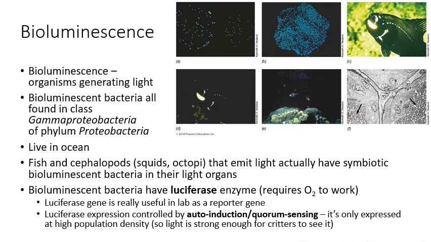In order for a bacterium to be luminescent, it has to have the enzyme luciferase, and that enzyme requires oxygen in order to function. So these are all going to be some type of aerobe. The luciferase gene is actually super common to run across in the lab. It's used as a reporter gene.